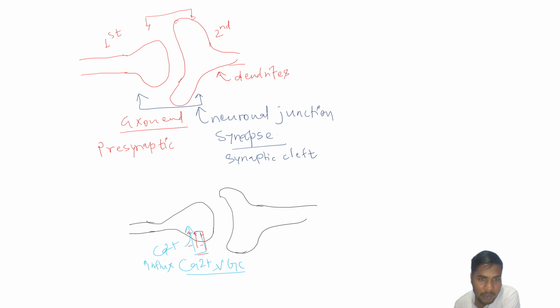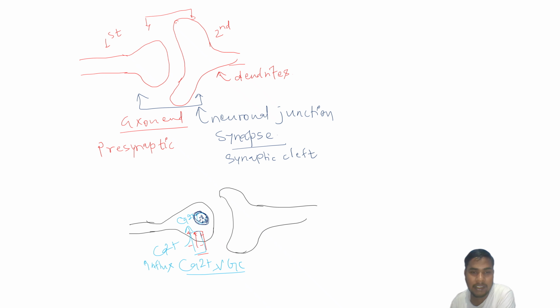With the increasing concentration of calcium ion inside, it now fuses with the vesicles. What are these vesicles? These vesicles are structures which hold the neurotransmitter, like we know acetylcholine, GABA, etc. Glutamine sometimes also plays as a neurotransmitter.